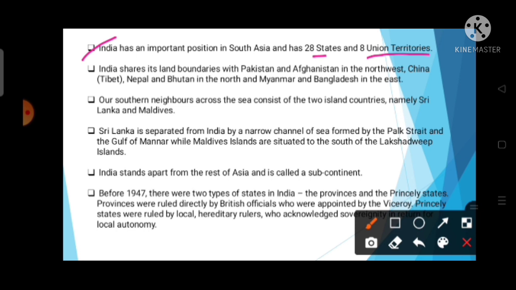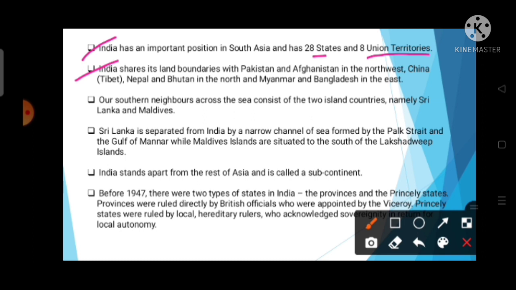It became a union territory and it was divided into Jammu and Kashmir and Ladakh. So Ladakh and Jammu and Kashmir are union territories now, not states. So there are 28 states and 8 union territories. Can you please name the 8 union territories of India? Please write down in the comment section. It's also your homework, okay?